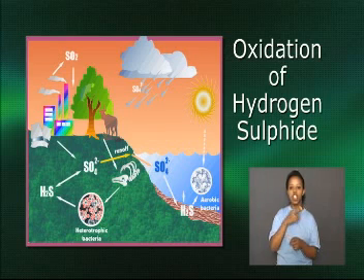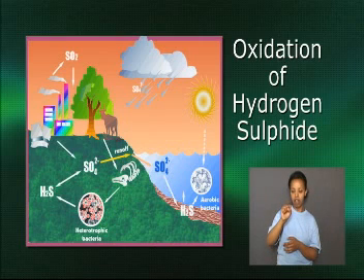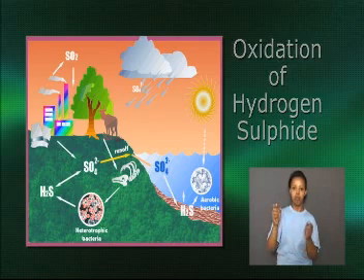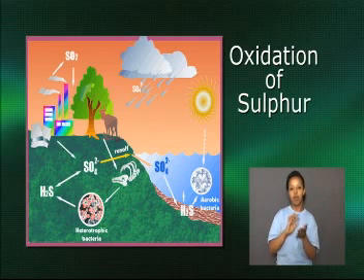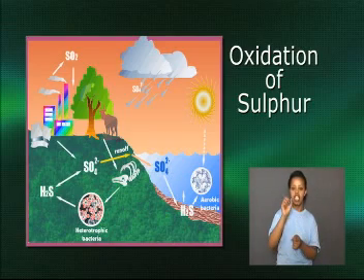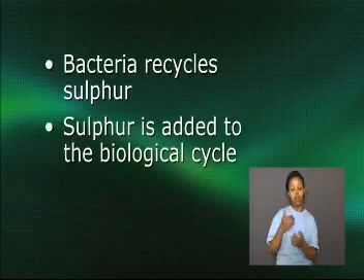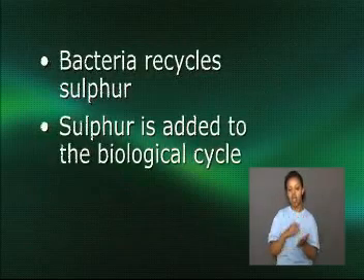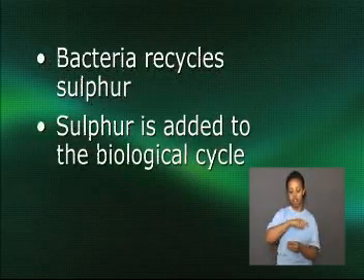Next, photosynthetic sulfur bacteria oxidize hydrogen sulfide to release sulfur under anaerobic conditions. In the final stage, non-photosynthetic sulfur bacteria oxidize sulfur into sulfate ions under aerobic conditions. This way, sulfur recycles in nature.